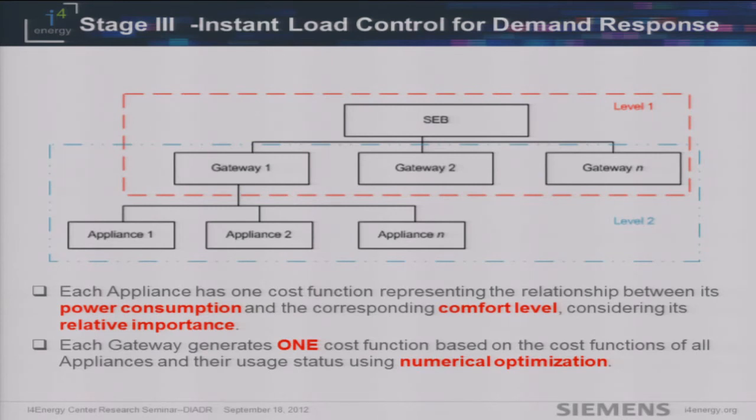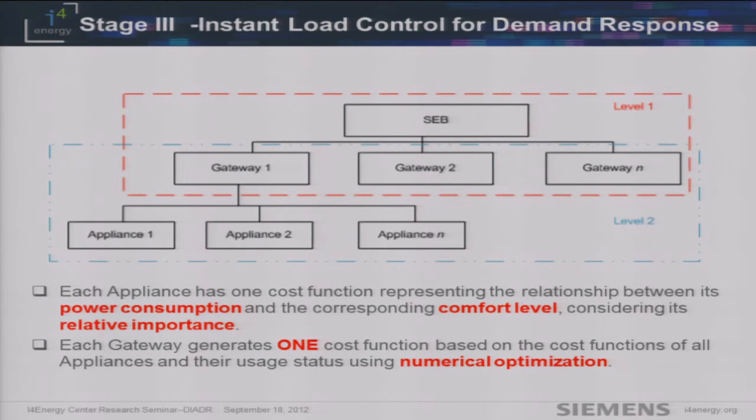So especially for the plug loads, we divided the optimization into 2 levels. One level is between the Smart Energy Box and the gateway agents. And the second level is from the gateway agents to each of the appliances. We define a cost function for each and every appliance.